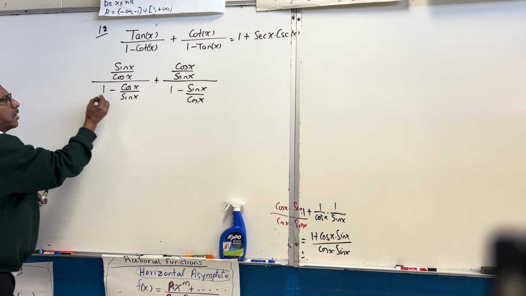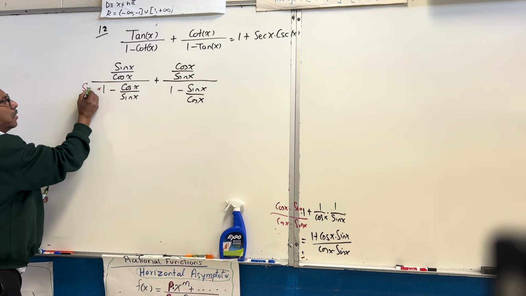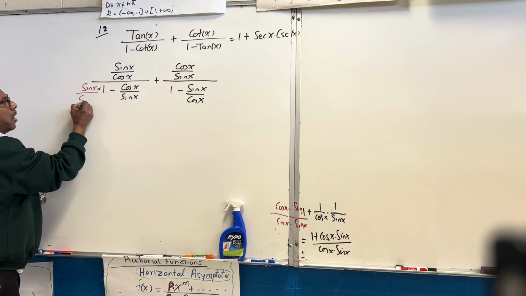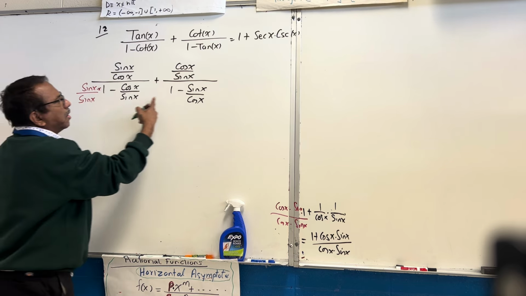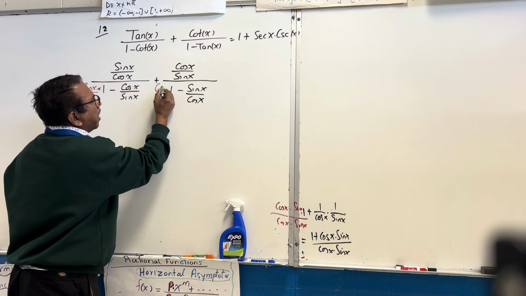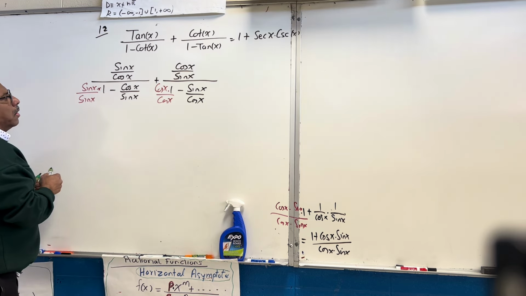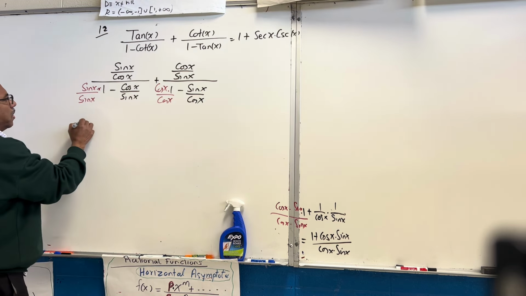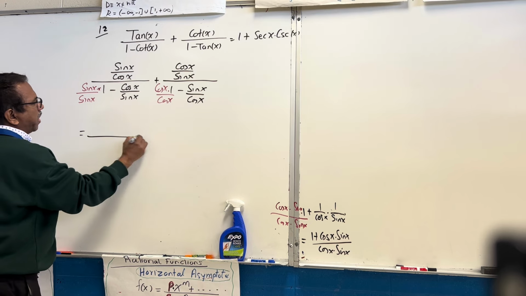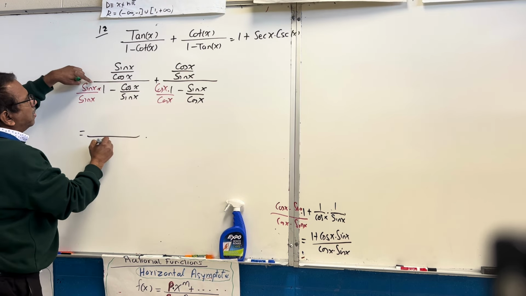There's a sine x here, so I need to multiply and divide by sine x. And there's the cosine, so multiply and divide by cosine. So the main division line is this one.